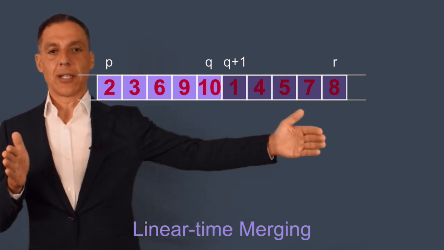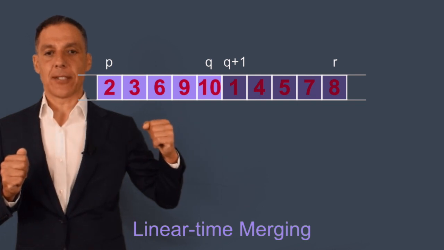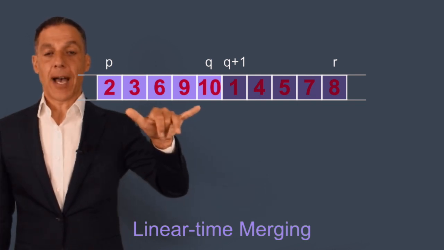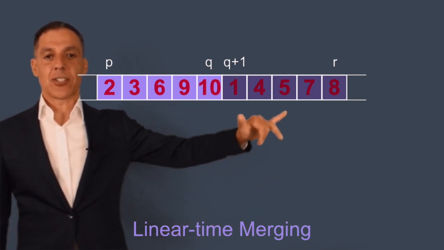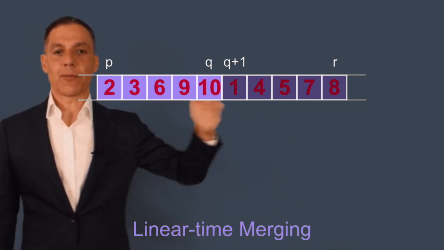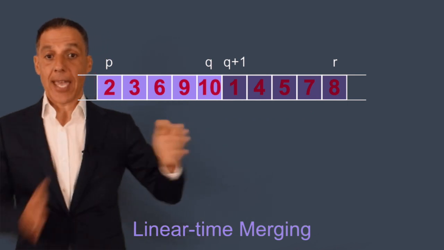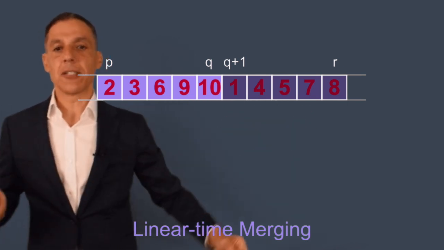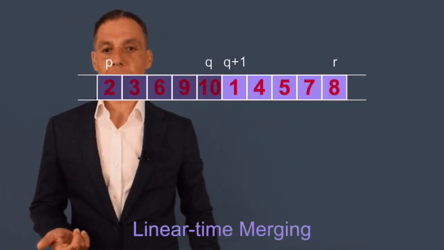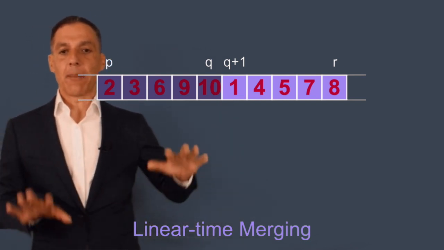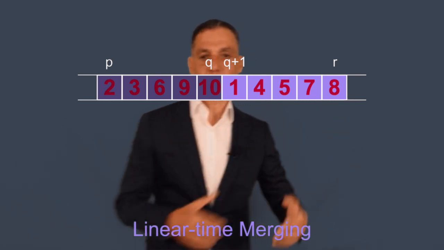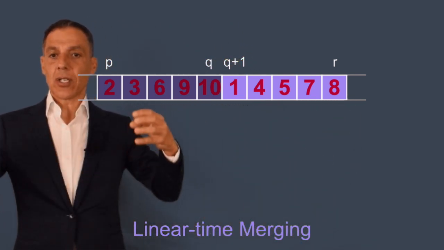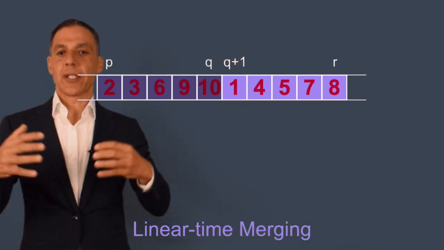Imagine I give you a list with 10 elements in it. The first 5 elements are in sorted order: 2, 3, 6, 9, 10. And the second 5 elements are in sorted order: 1, 4, 5, 7, 8. But they are not, in their entirety, in sorted order, of course. My job is to figure out how to take this part that's sorted and this part that's sorted and create a single merged sorted list.